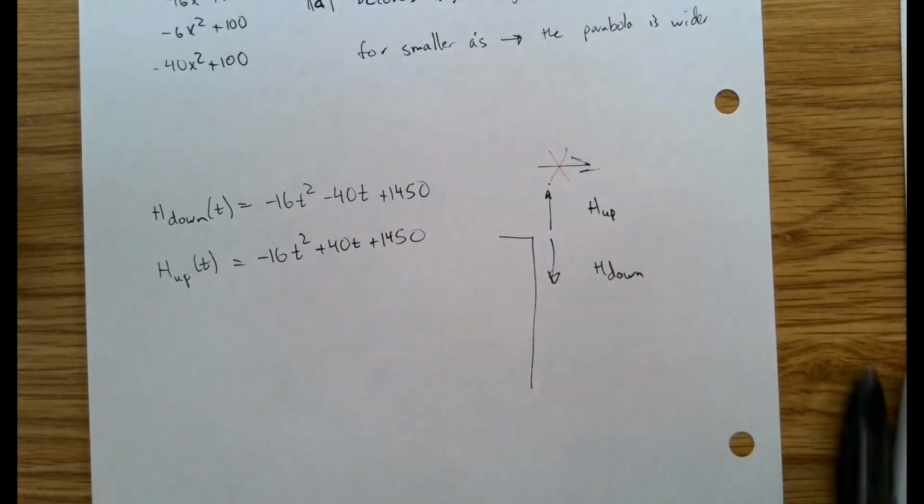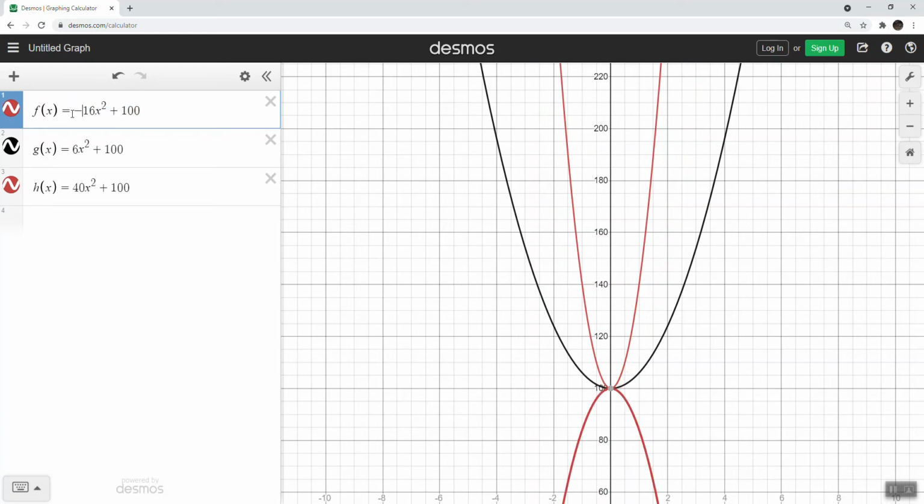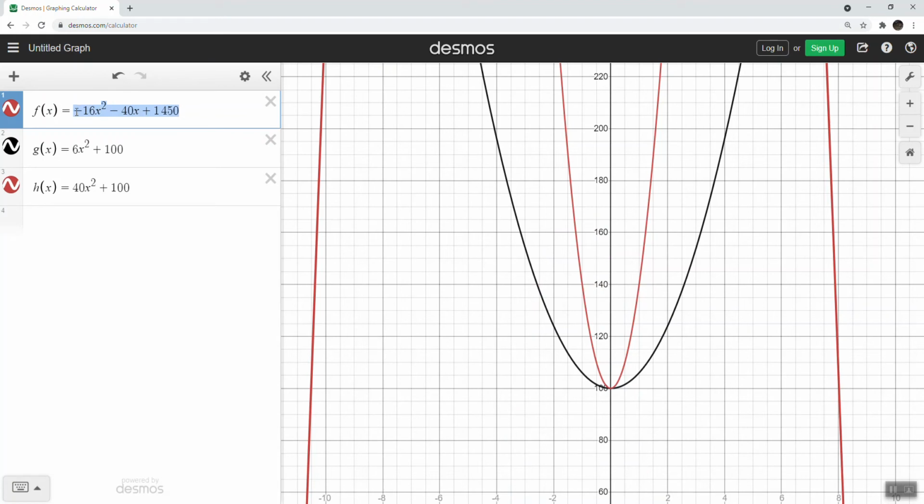So let's look at what happens with the graph of these two. Here we need to make this negative 16x squared minus 40x plus 1450. And I'm going to go back to the same things we had before. I'm going to copy and paste this here.